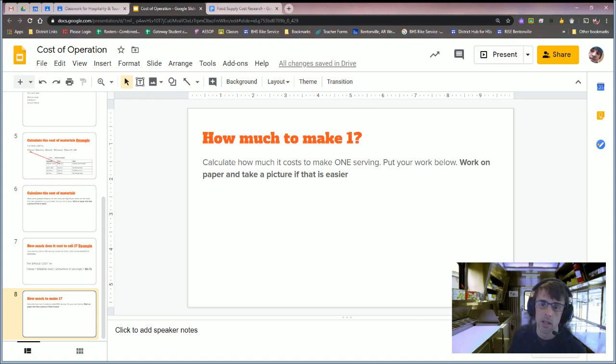So we're trying to get down to understanding how much it costs to make one menu item from your menu. How much material do you have to purchase in order to make whatever it is, ice cream, or a hot dog, or chili dog, or a taco, a burrito, whatever.